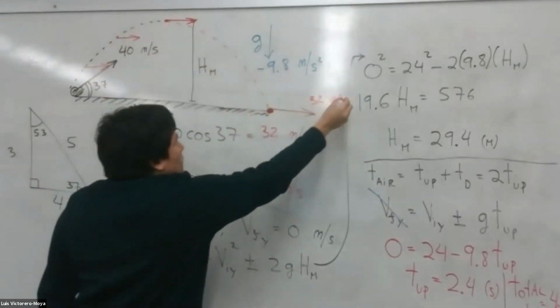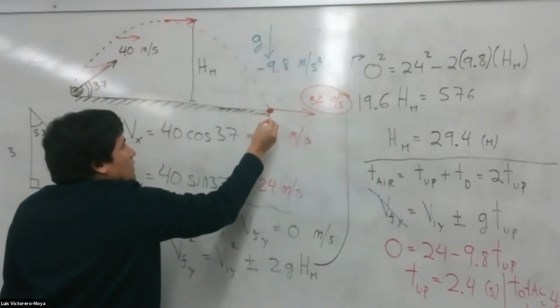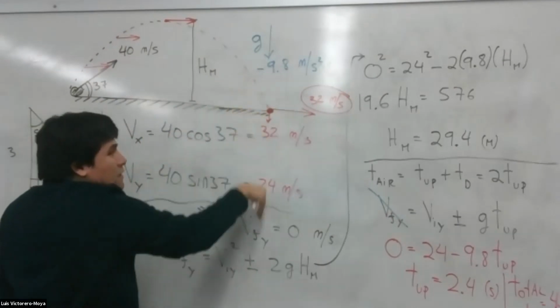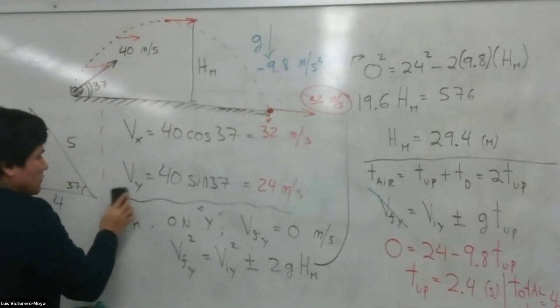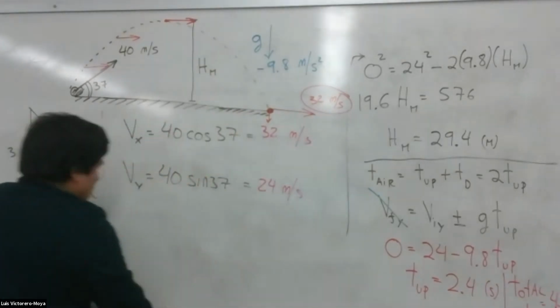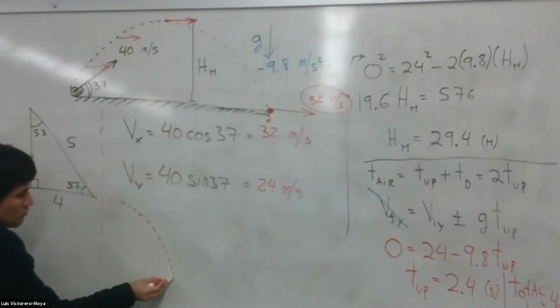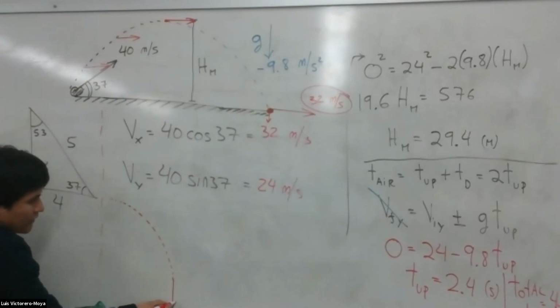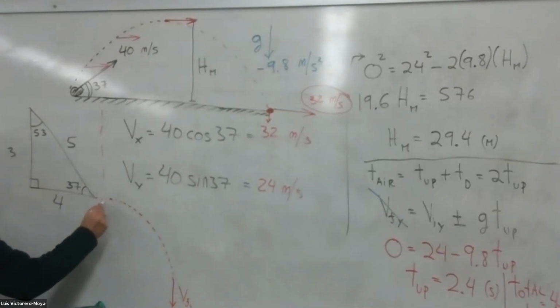So here is 32. What about on Y? Can I find the velocity on Y as it crashes? Yes, you can. When the object is falling down, it will get a V final on Y from this point, which is the maximum height.